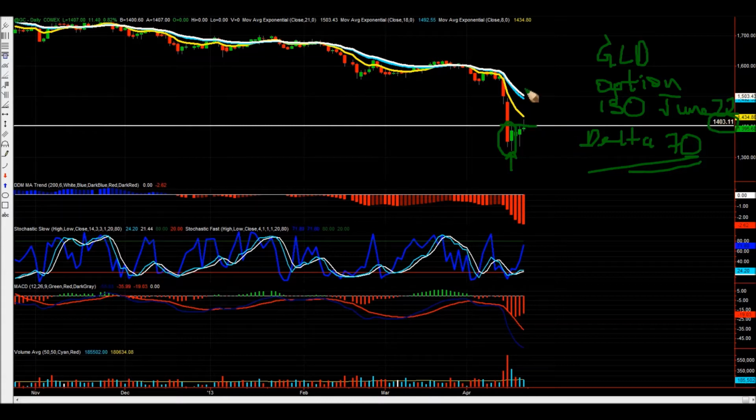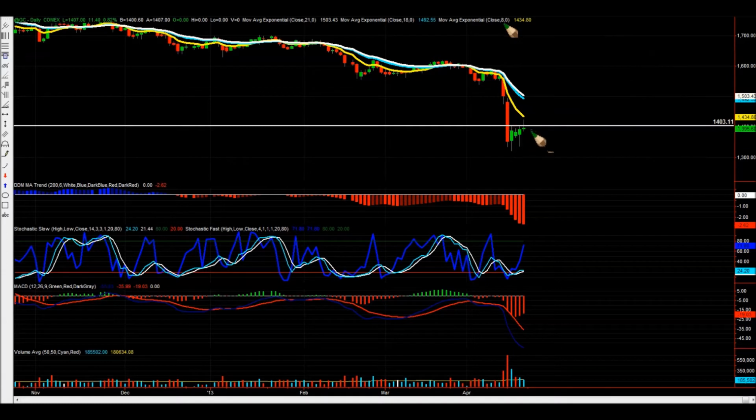Once it broke above that level, I got in. It pushed through, and then it came back just below 1403. I think I established my position at about 1402.90 or something like that. But the trigger was really the breaking of the price action above this level here, which is the high of this candle.